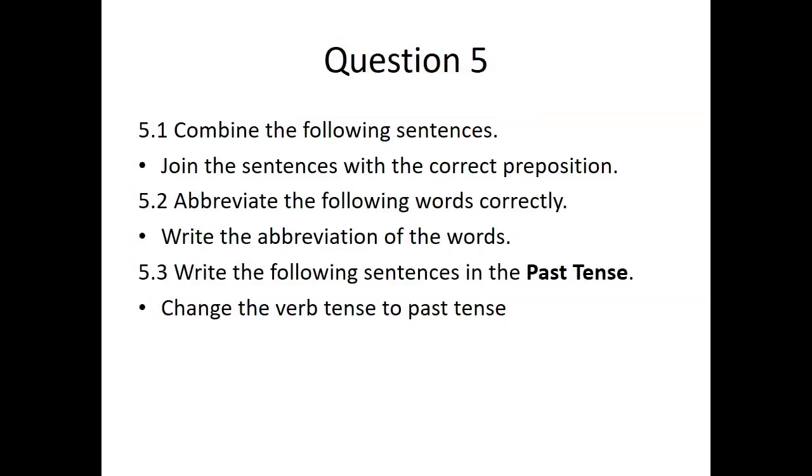So the common way of combining sentences is by using prepositions. So when you're combining two simple sentences together, just choose the correct preposition. You'll be given a couple of prepositions to choose from, and you'll just have to use the appropriate preposition to combine the sentences.